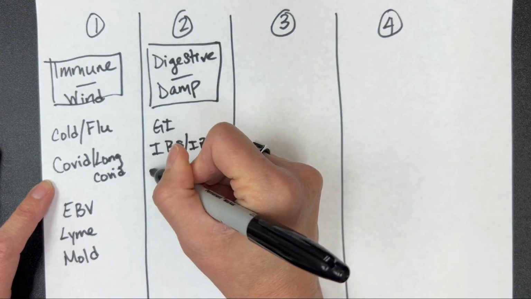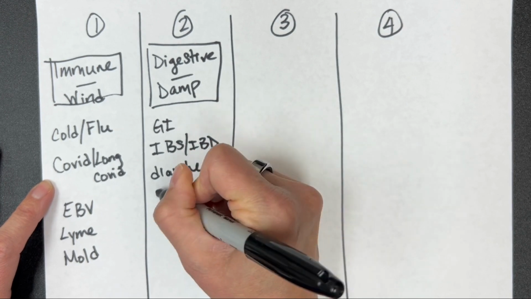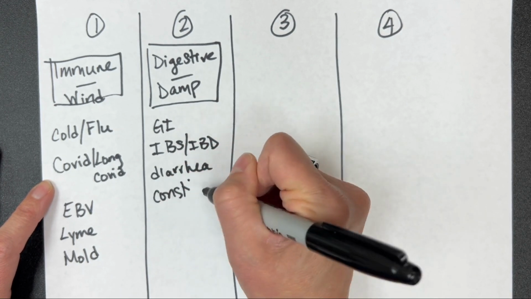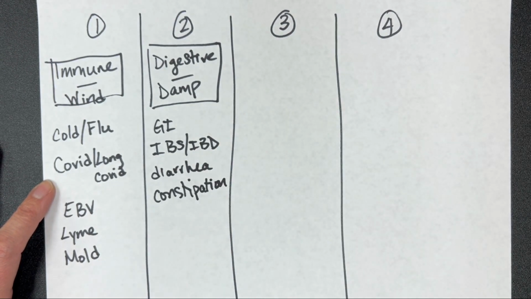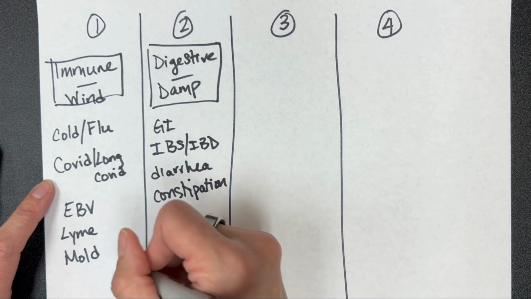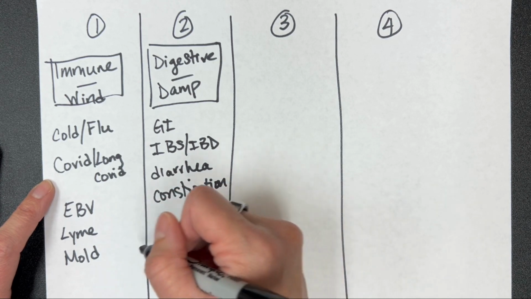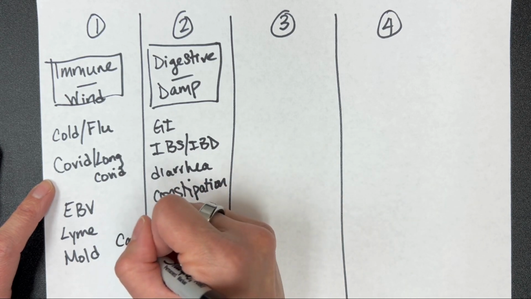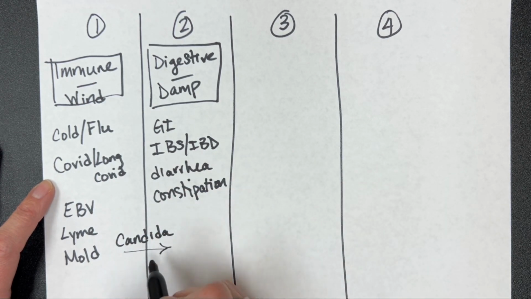This could be diarrhea, constipation, and anything related with the digestive system. We have things in here that are going to span both stages 1 and 2 that could be like candida. So that'll kind of cross over here.